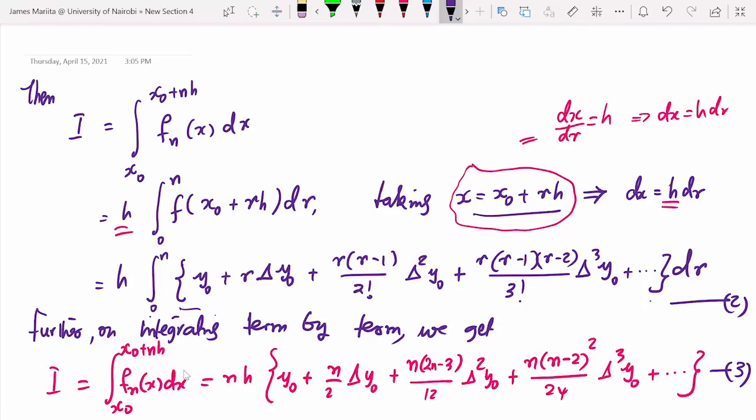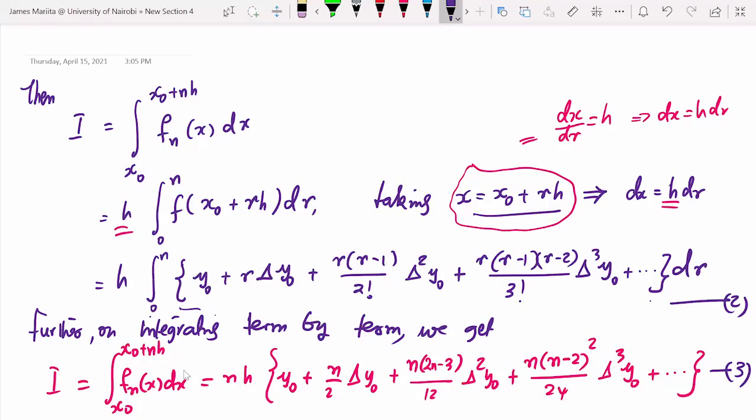A number of formulae can be derived by putting n is equals to 1, n is equals to 2, n is equals to 3, and so on. So up to this point, this is the general Newton-Cotes formula. Now, something else is going to happen if we put n is equals to 1. If we put n is equals to 1, we will come up with another formula.